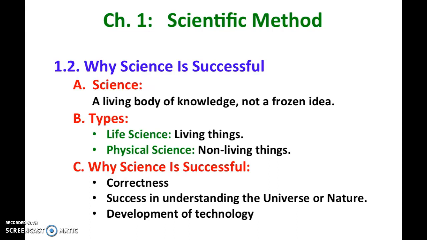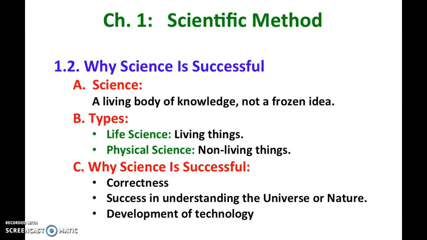The life science is a science for living things, while the physical science is a science for non-living things. This course is about the physical science. Physical science can also have many types, such as computer science, that's a science about the computer, space science, that's a science about the space, and so on.